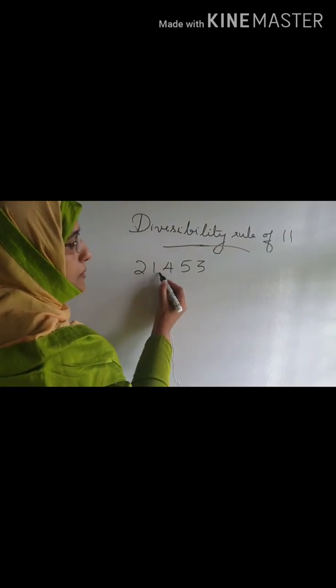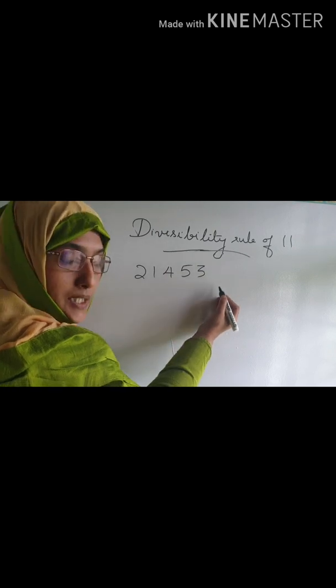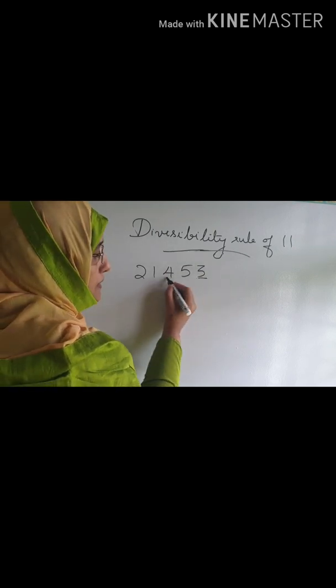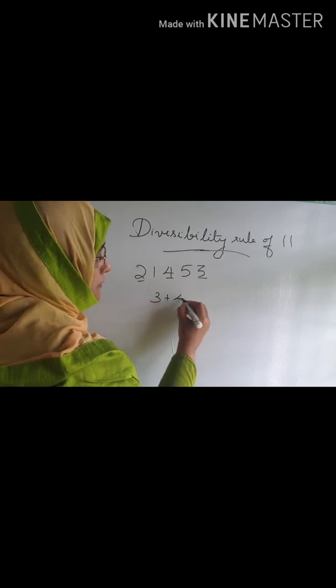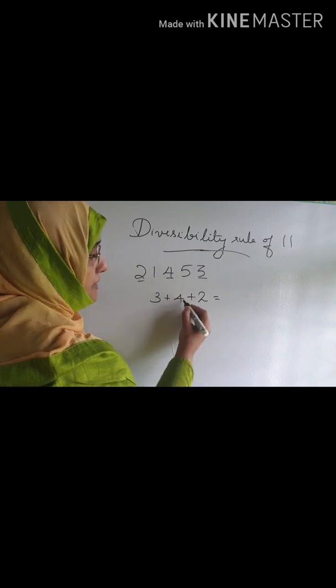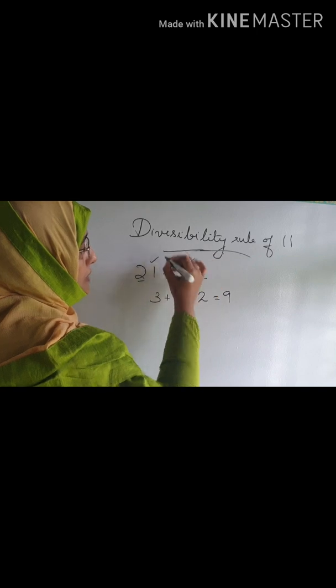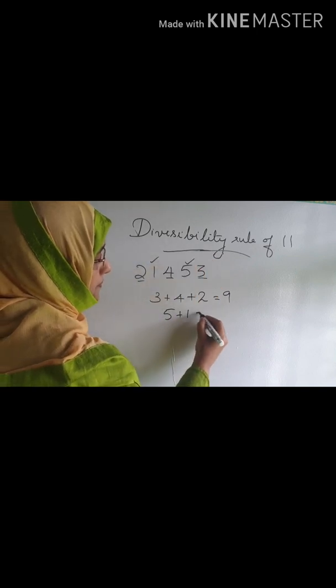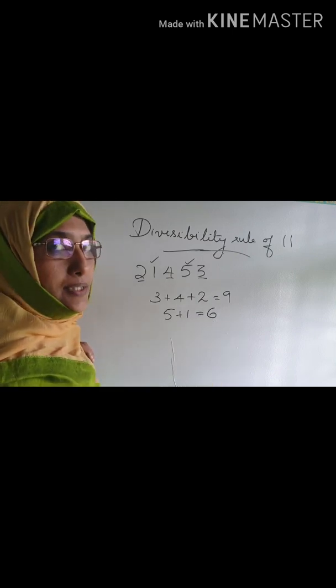See the number 21,453. So what is the first step? Take the alternate numbers from the right side. So 3, 4, 2. Add it. 3 plus 4 plus 2. What is 3 plus 4 plus 2? It is 9. Okay. Then take the other numbers, 5 and 1. 5 plus 1 is 6. Then what is the next step?